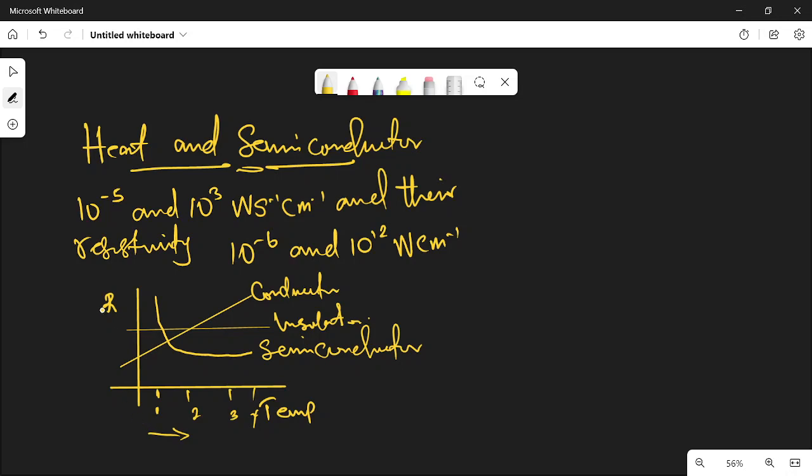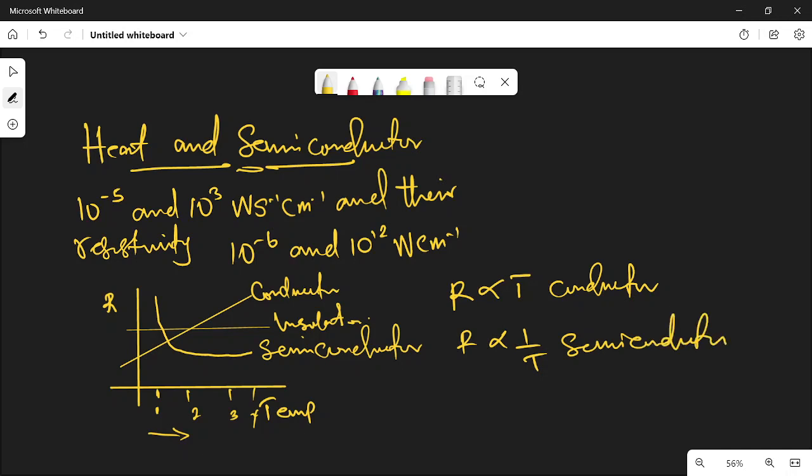But for a conductor, as the temperature is increasing, the resistance is also increasing. So we said resistance is proportional to temperature for a conductor, resistance is inversely proportional to temperature for a semiconductor, and resistance is constant for an insulator.